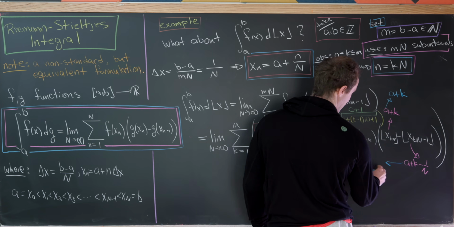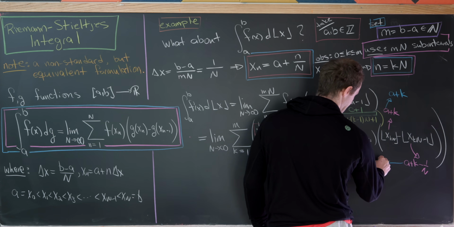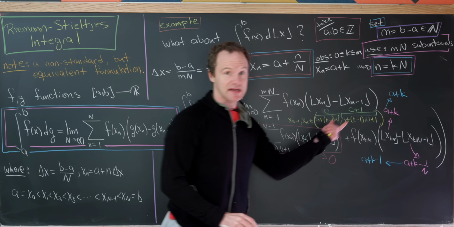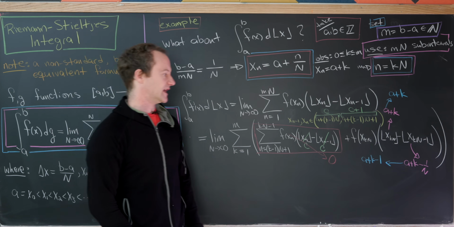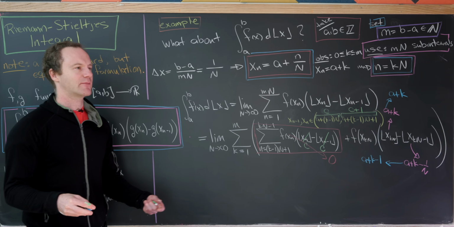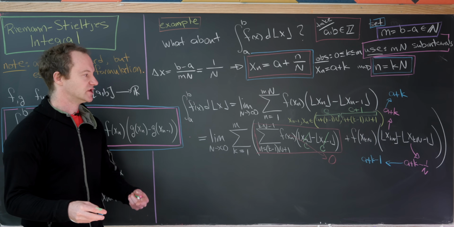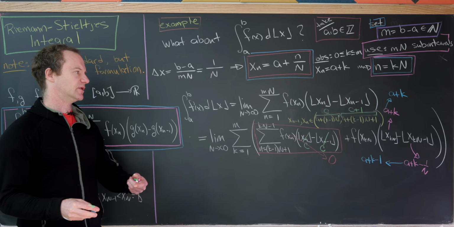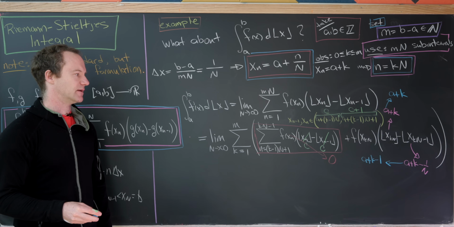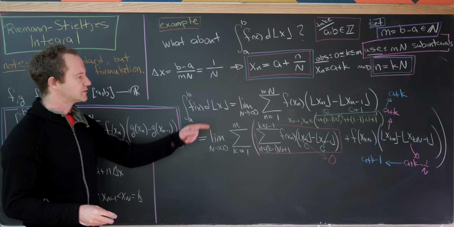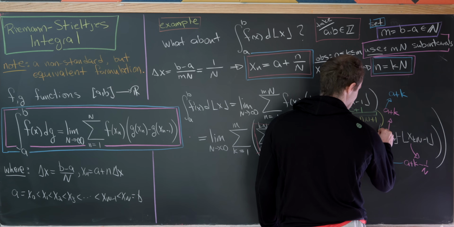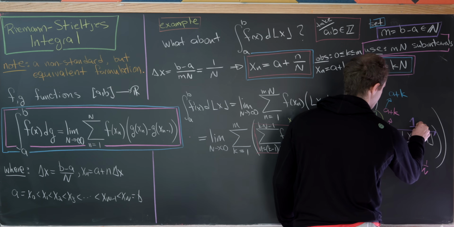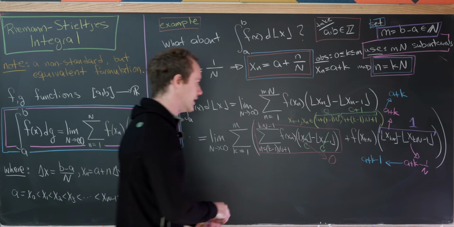But if we floor this one, we get a plus k minus 1. As a plus k is an integer, and this is just below that integer. Remember, we want to think about capital N as being quite large, so it'll be below a plus k, but it won't be below a plus k minus 1. But notice when we take the difference of these two, we exactly get the number 1. So here, this simplifies to the number 1.